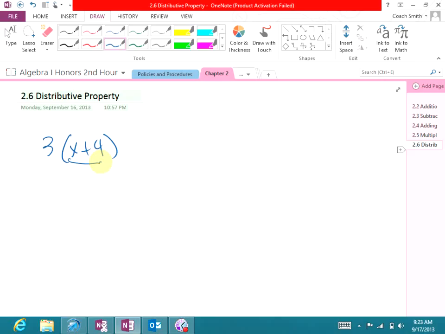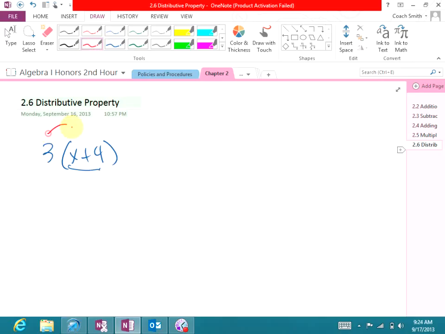We need to remember those as we're going. So what we have to do here is distribute the 3 to both things inside the parentheses, okay? Now, if there were 10 different terms inside the parentheses, you would have to distribute the 3 to all of them. And what it means is this.